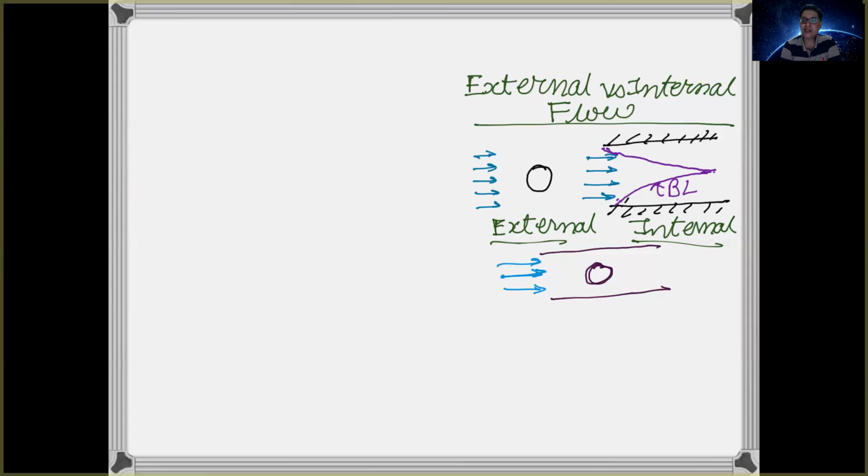Note that the characteristic of an external flow is flow separation, and the characteristic of internal flow is boundary layer interaction from the two walls. So both these phenomena are observed in flow across a cylinder in a pipe or a channel. So it has the characteristics of both external and internal flow.